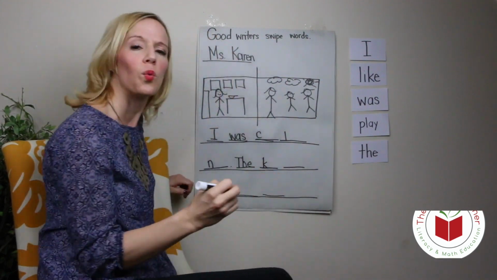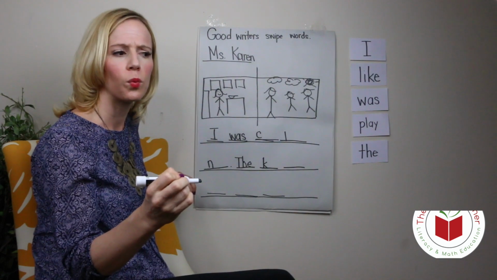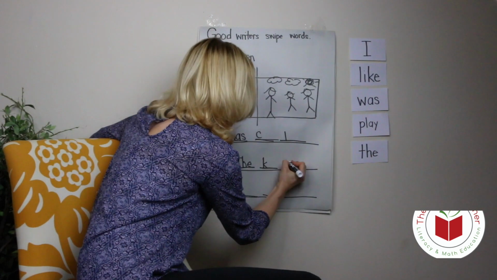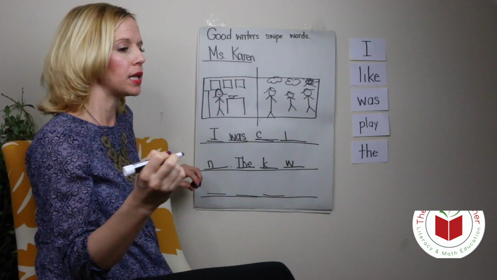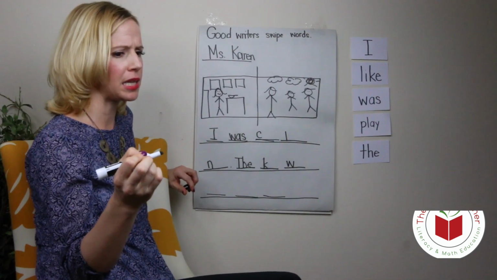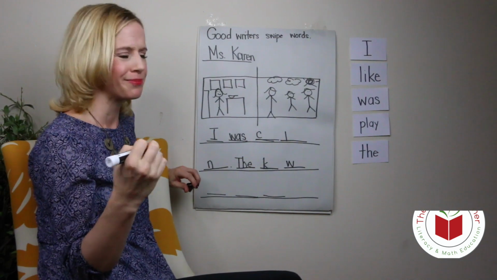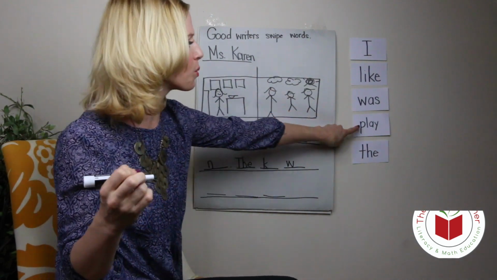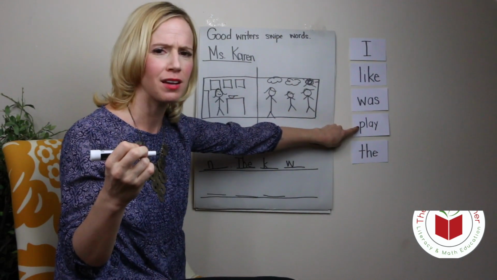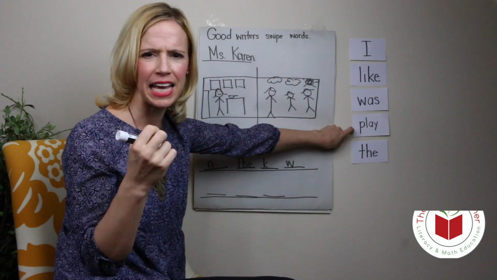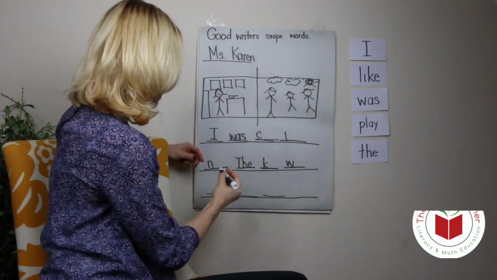Kids were. W. Were. Playing. Play. Kind of confused because I know the word play is here, but then I hear a at the end of it. So I'm going to write the word play.